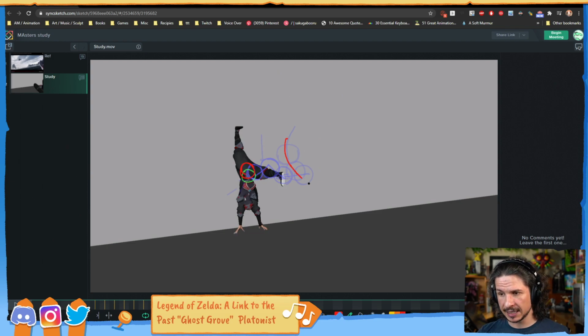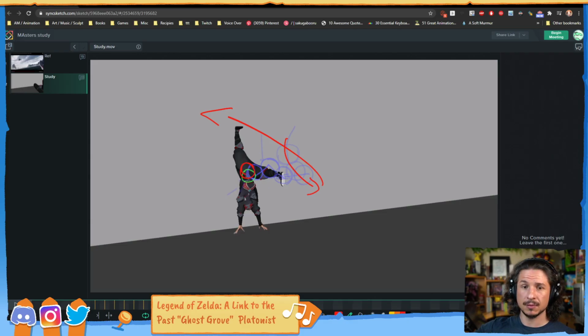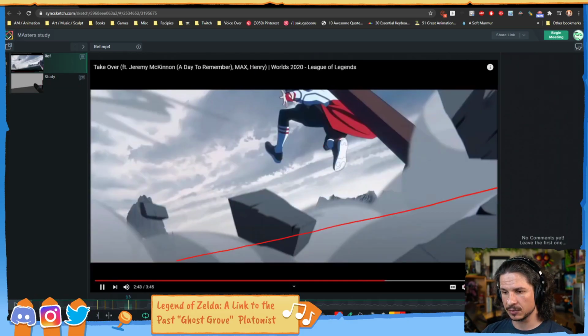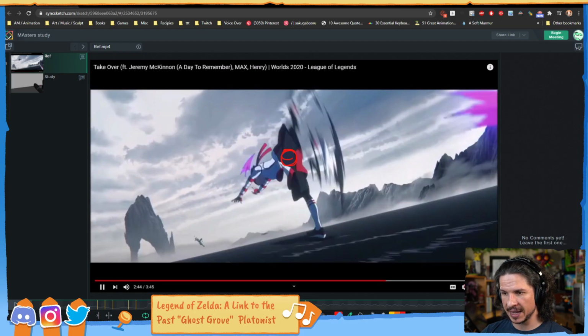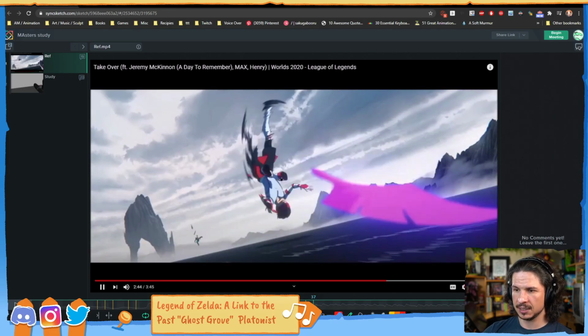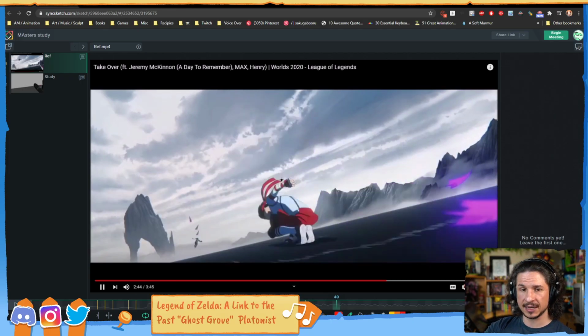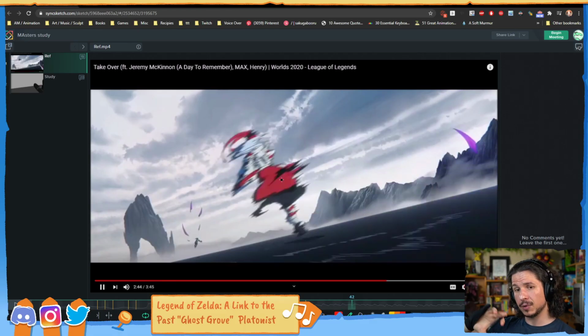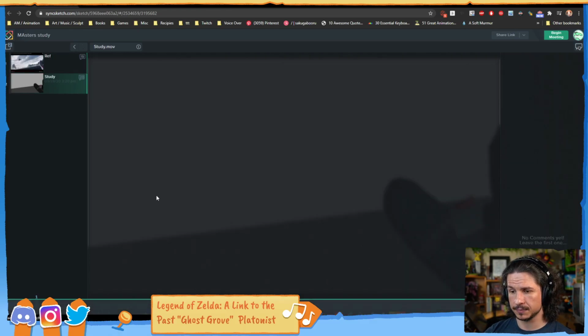If he's anticipating down this way, you want to push that out the other way to make that as powerful as you can. And this is what we're seeing here, is as he anticipates back, up, and then it keeps that momentum up until he finishes the flip and comes down. So really watch that momentum of the hips there.